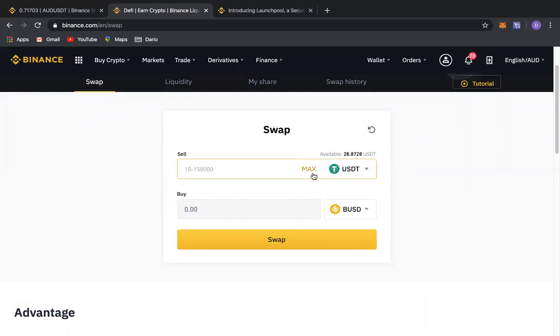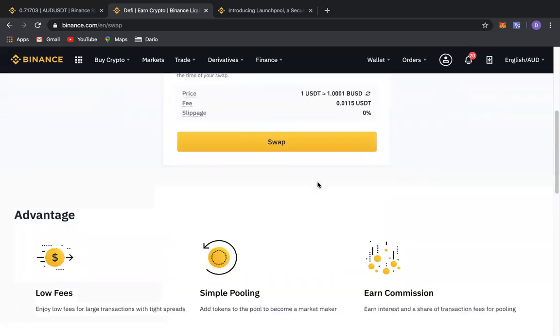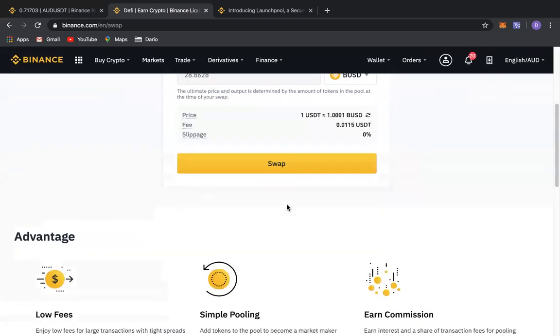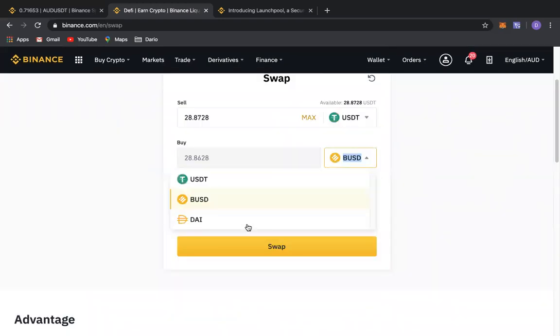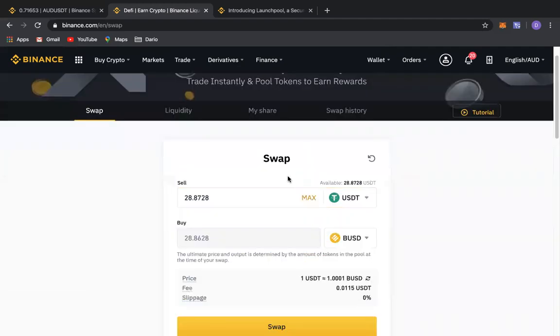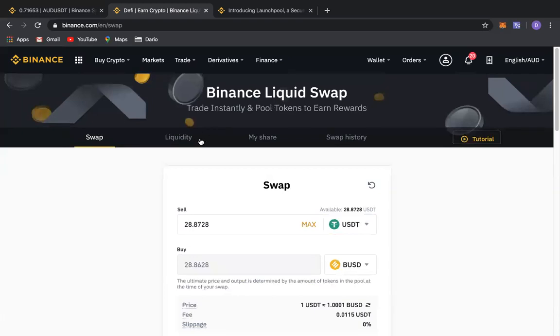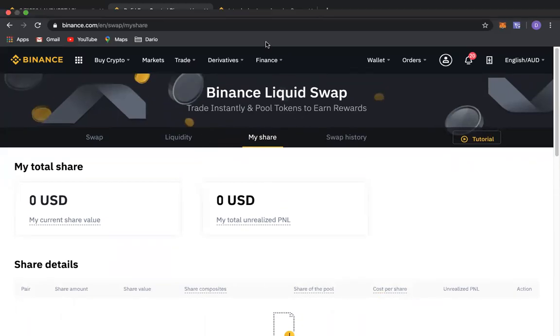When you're swapping currency here, you're actually using a liquidity pool to instantly trade your crypto. So if you wanted to trade through one of these three cryptocurrencies, USDT, BUSD, and DAI, if you swap them here, you'll be generating liquidity in this pool, and you'll earn pool tokens and rewards similar to the other websites at the moment.